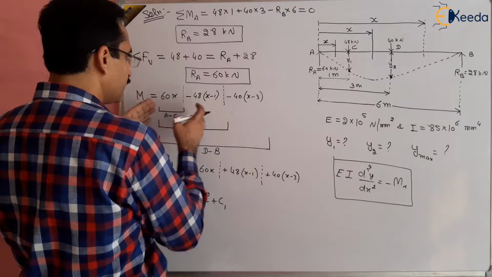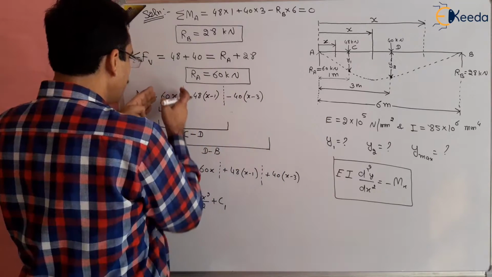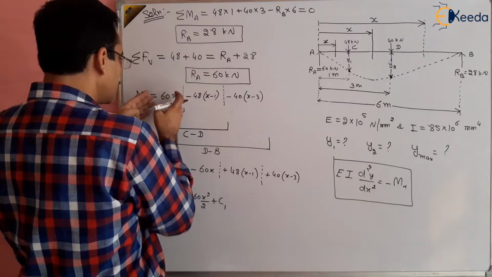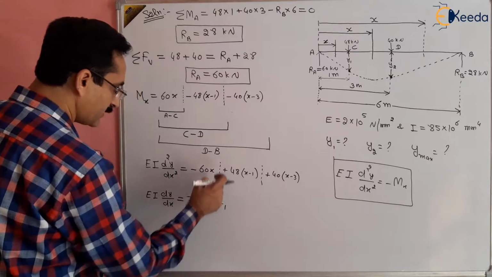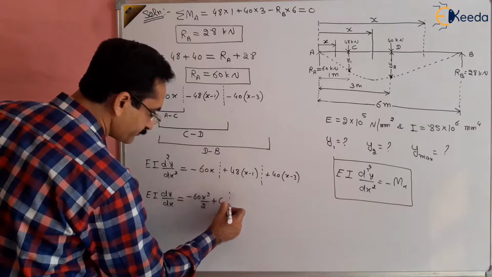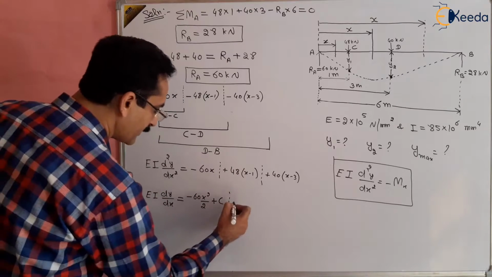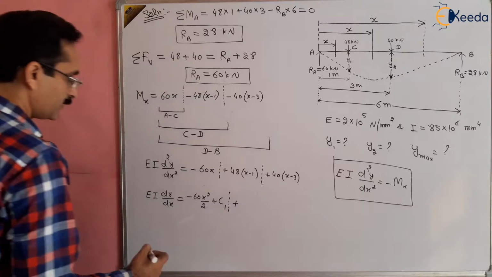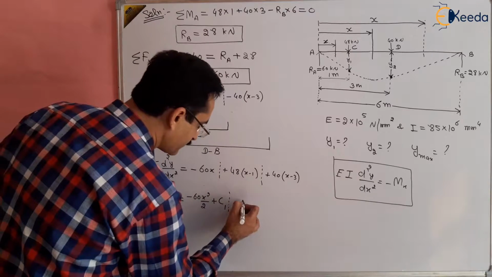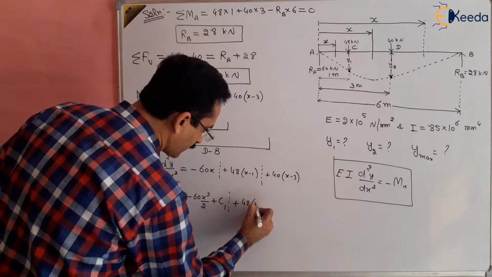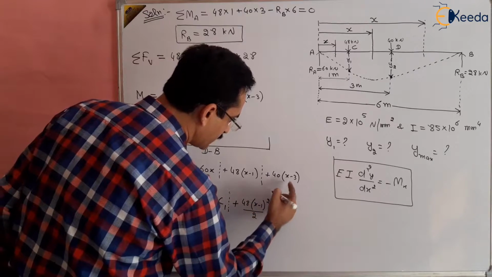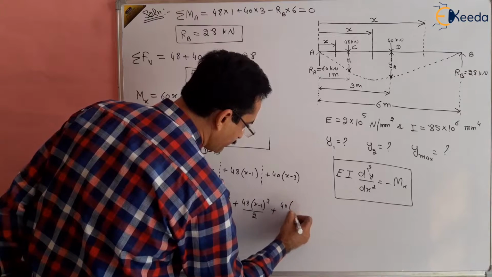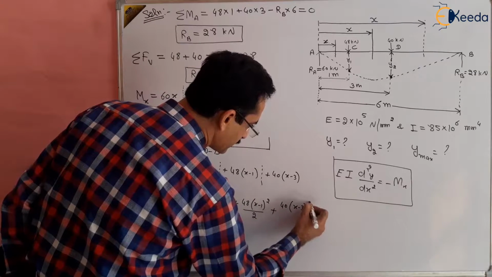If we introduce it later, we will not be able to use it here, but the constant is valid for this also. That's why we use it in advance in the first section. Plus the integration of this, that is 48 x minus 1 whole square by 2, plus the integration of this, that is 40 x minus 3 whole square by 2.